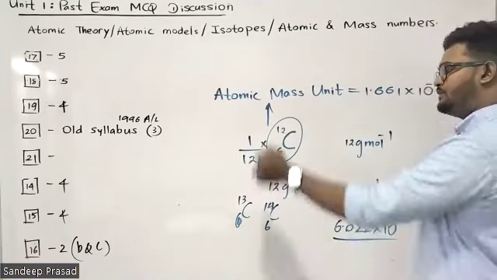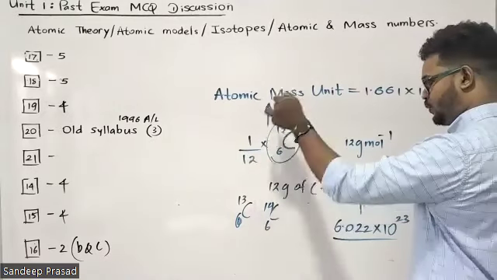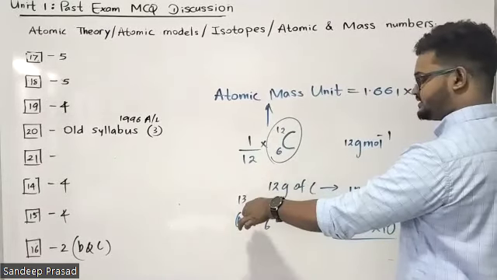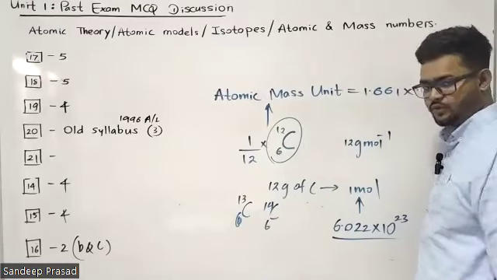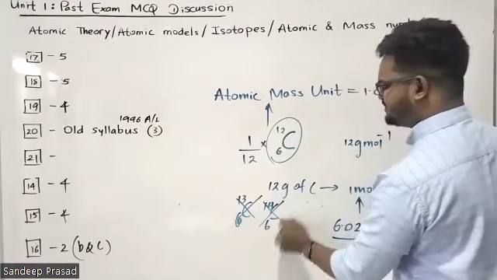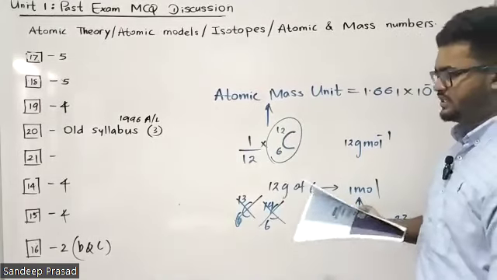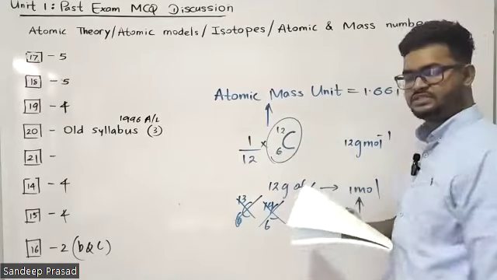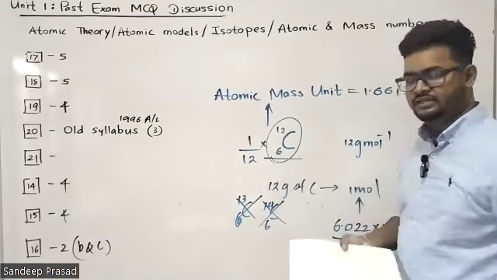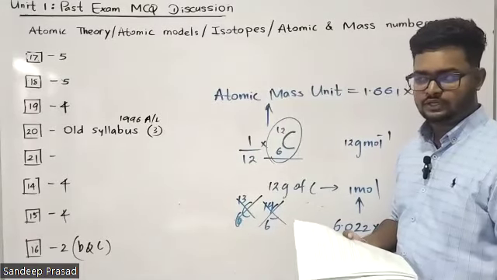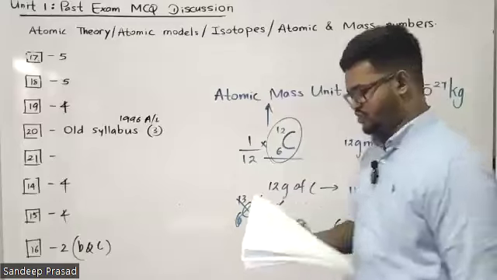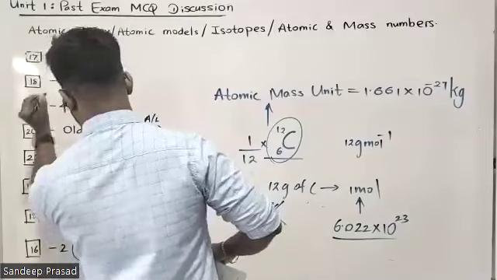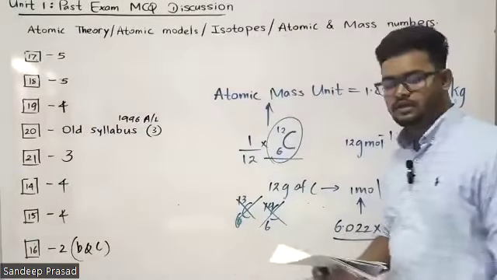No. The atomic mass unit is defined by 1/12 of the carbon-12 isotope. So just giving carbon atom is not enough. The second statement is wrong because they haven't specified which carbon isotope we have to take to measure the atomic mass unit. So for question number 21, the first statement is correct and the second statement is wrong. Therefore, the answer is 3.